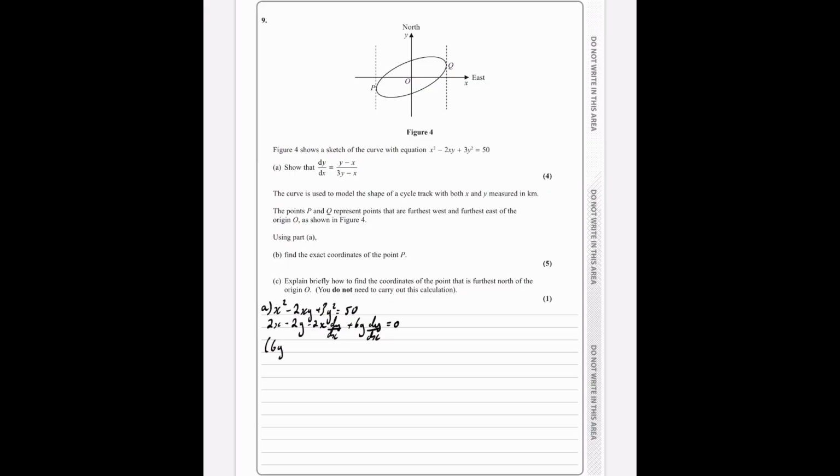On the next line, I'm going to factorize out the factors of dy by dx. So we've got a 6y and a minus 2x, and we're going to do 6y minus 2x lots of dy by dx. I'm going to bring the 2y and the 2x onto the right-hand side.